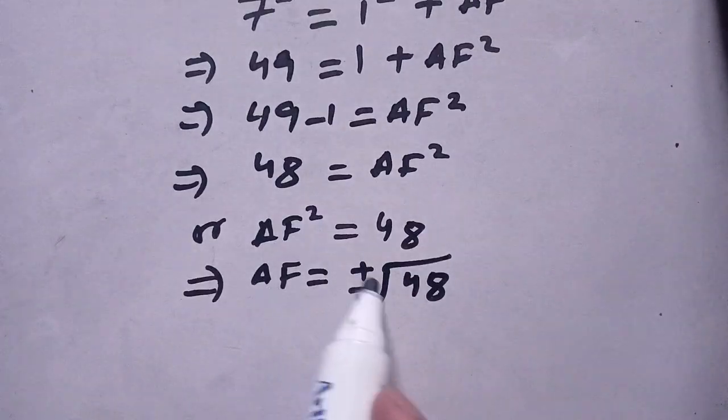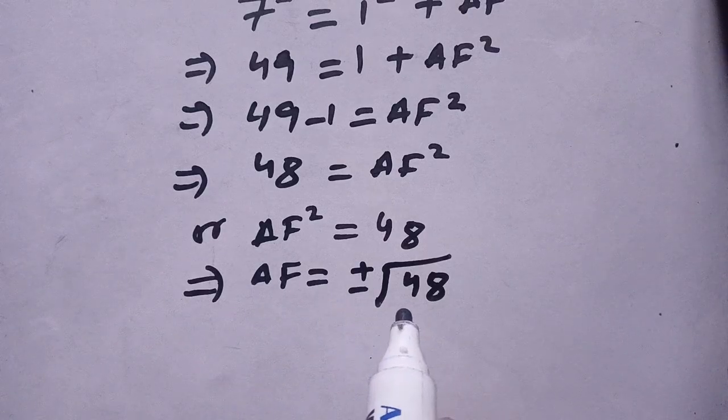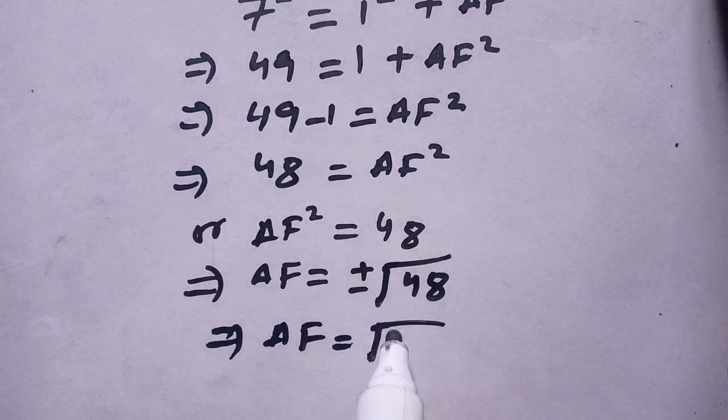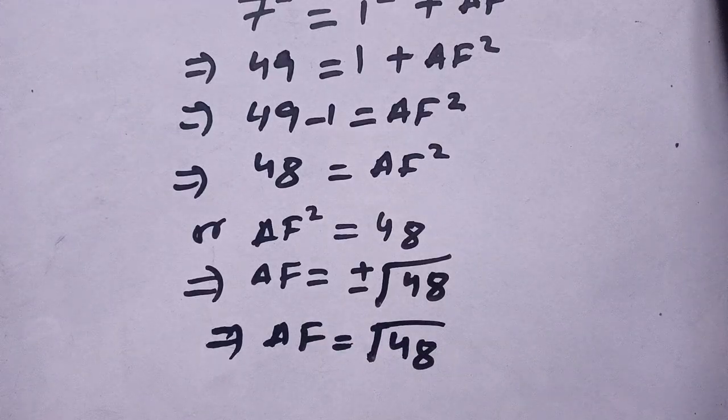Now AF is a length and length cannot be negative, which implies AF is equal to square root of 48.